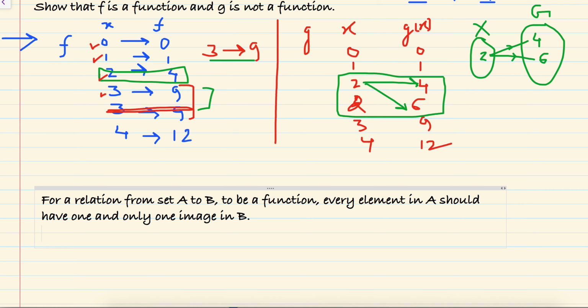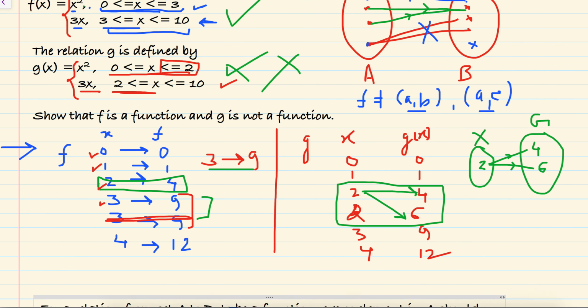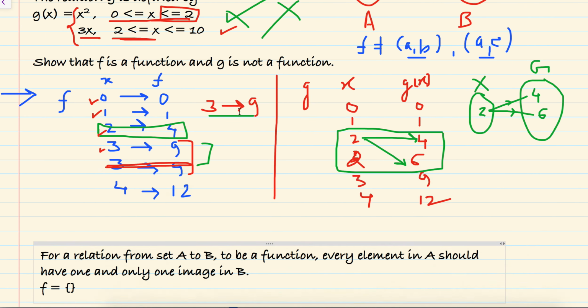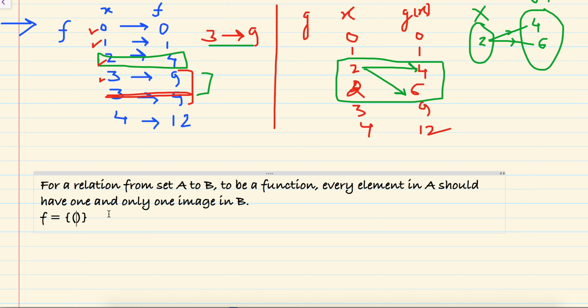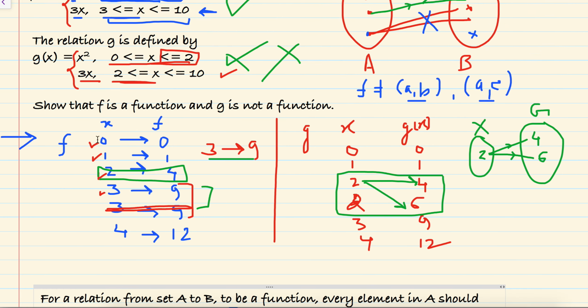And now we can write the images. We can write the ordered pairs. So f is defined from 0 to 10. So we will write all the ordered pairs: 0 0, then 1 1, then 2 4, then 3 9, and when x becomes more than or equal to 3 we will use 3x.